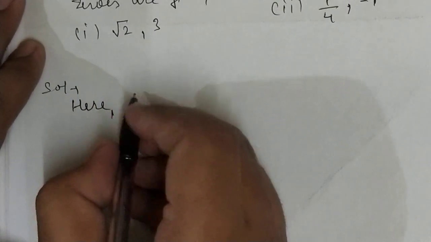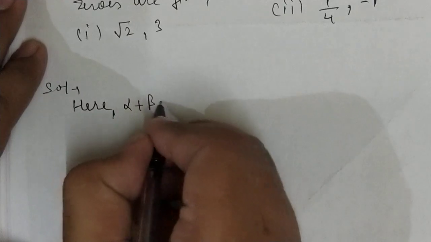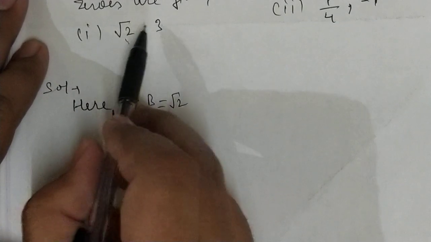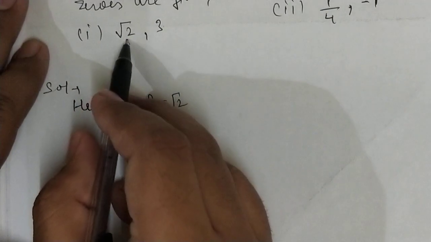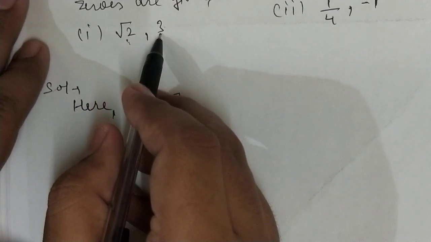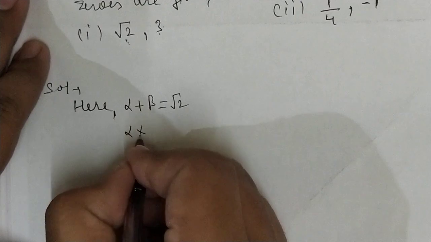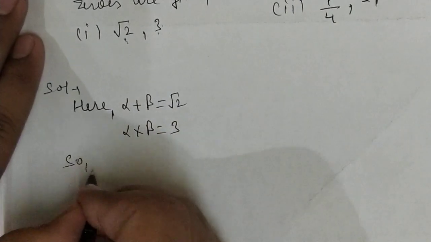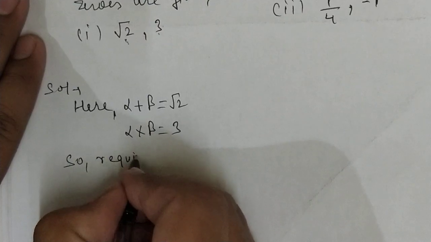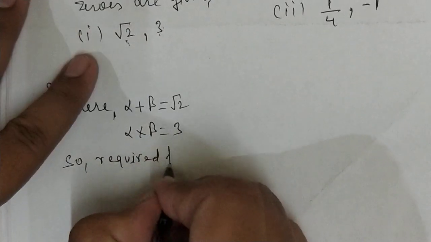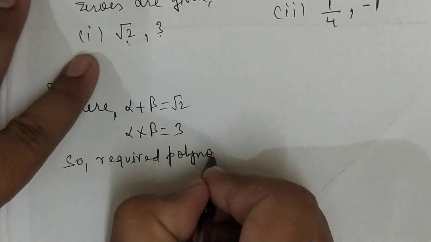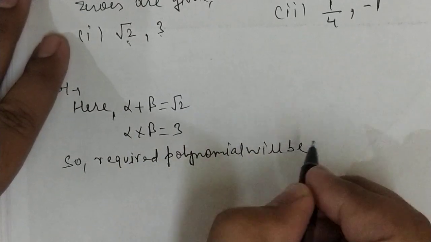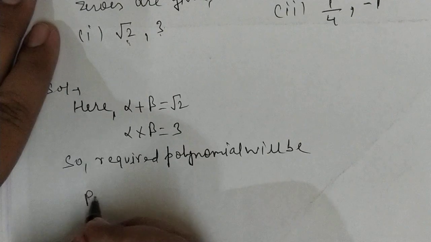Here you can see, sum means S. Alpha plus beta is root 2, check. This is the sum of the zeros, and this is the product of the zeros, alpha into beta. So the required polynomial will be P of x.